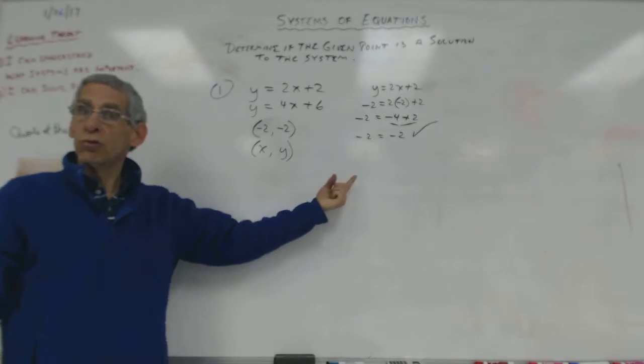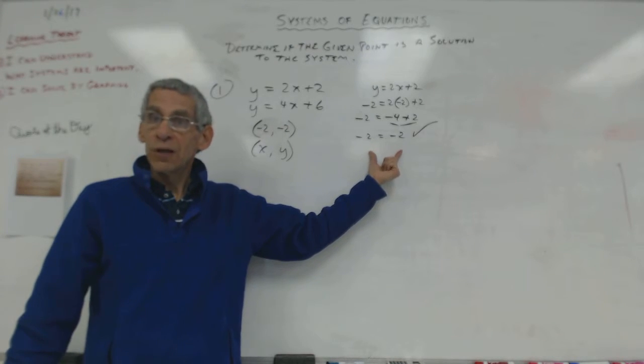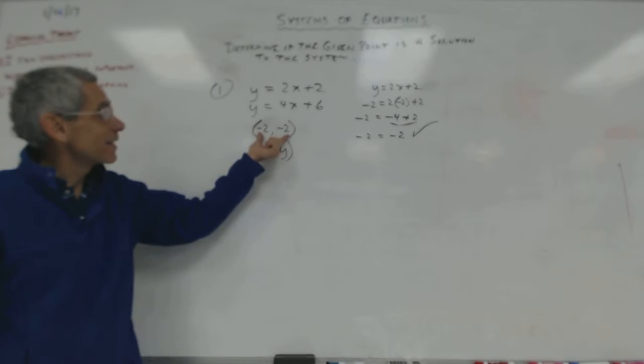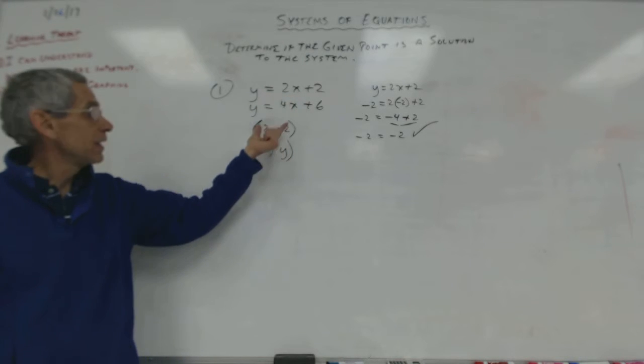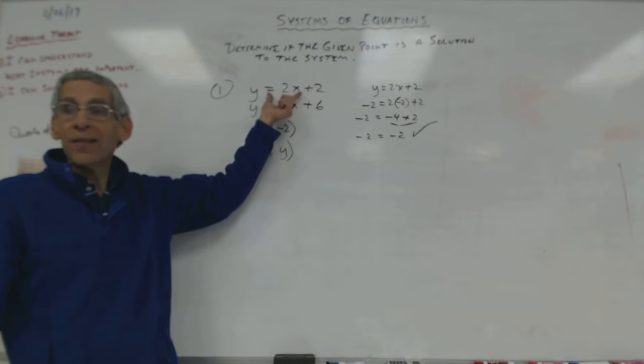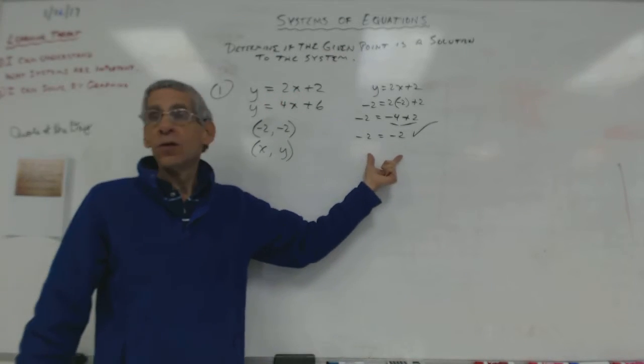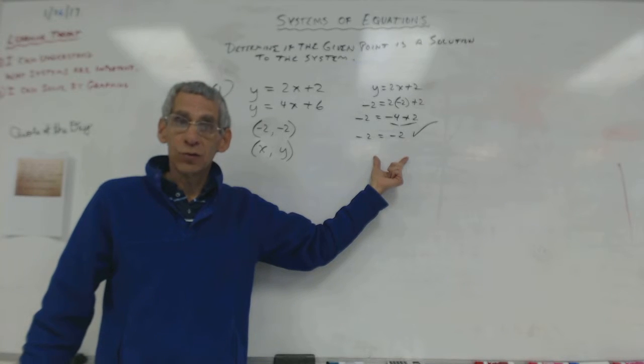I get a truth. It doesn't say something that's false, that's true, right? Therefore, that is a solution to this, meaning that point is on this line. That's what a solution means. It's on that line. Does that make sense? That point is on that line because when I plugged it in, I got a true answer. Okay, did you get that?